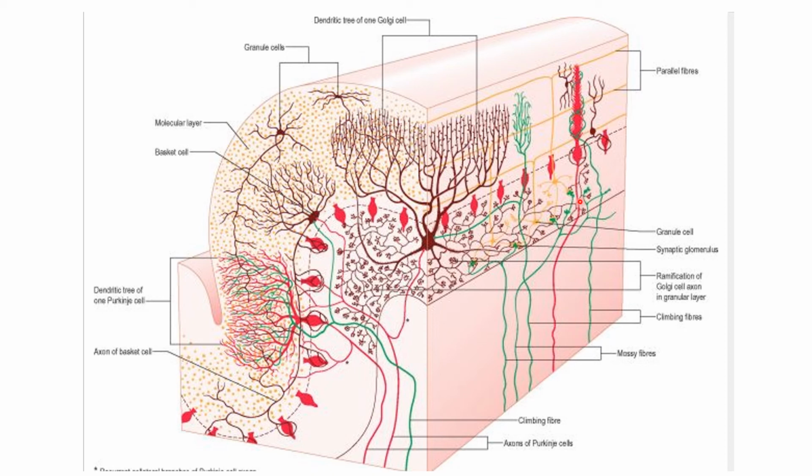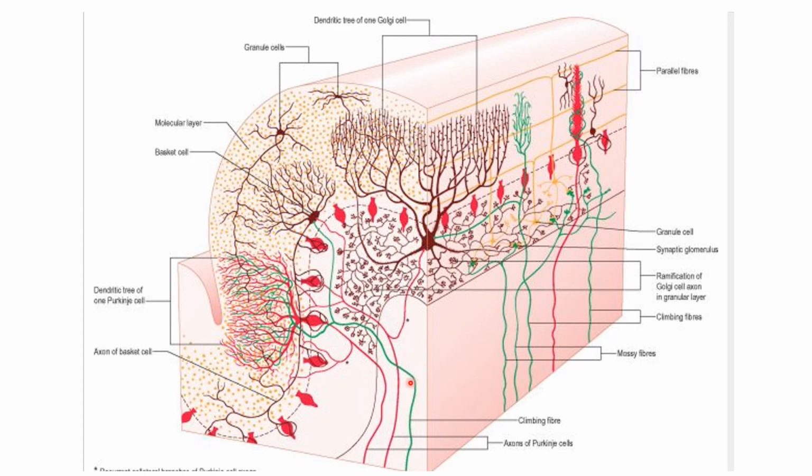These are the axons of the Purkinje cells, which are the output from the cerebellum, and input is from the mossy fibers. And we have the climbing fibers, which are the only fibers coming from the accessory olivary nucleus and the main olivary complex.